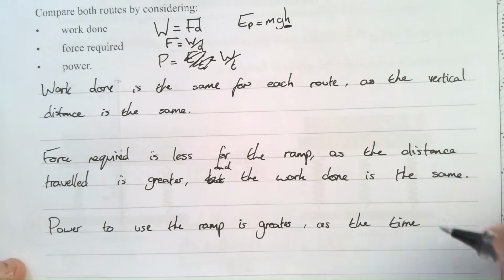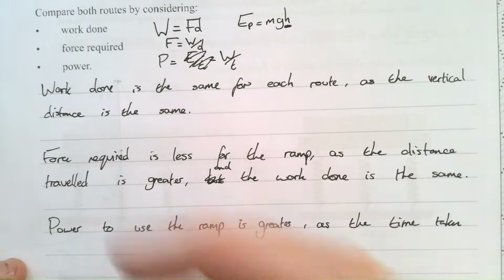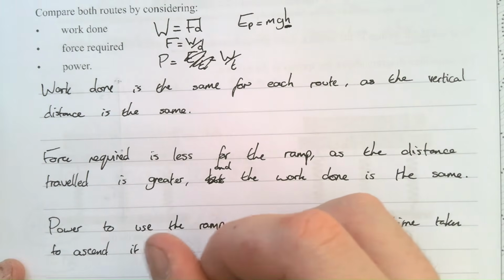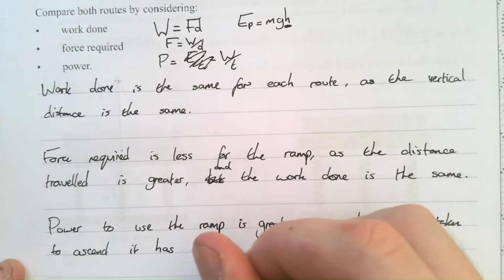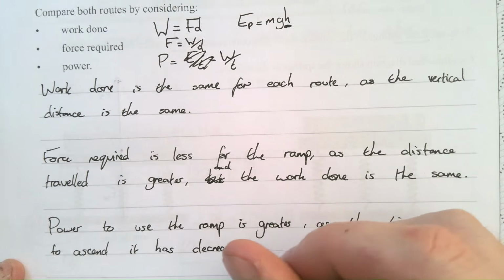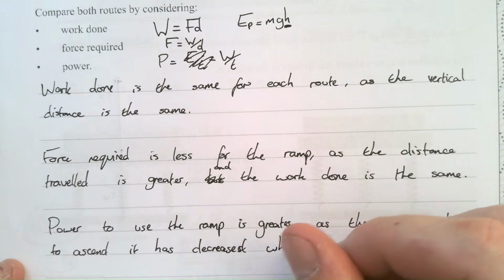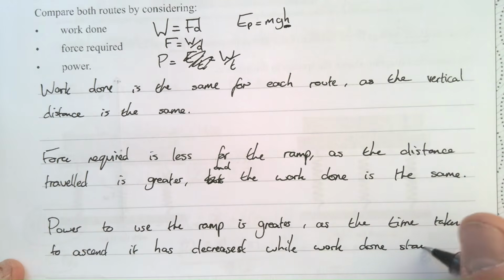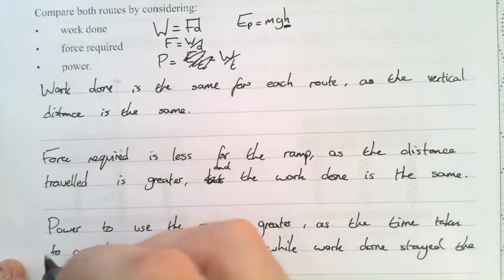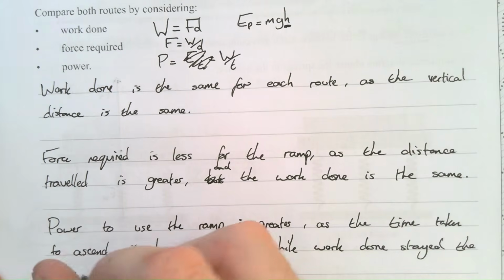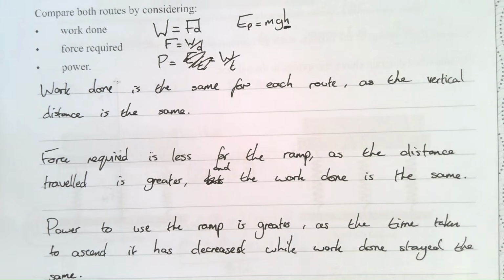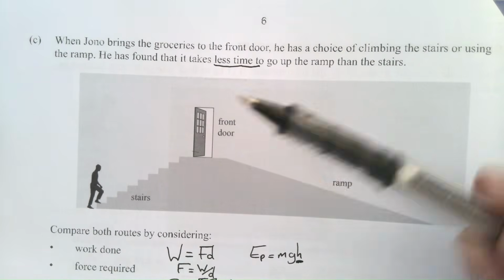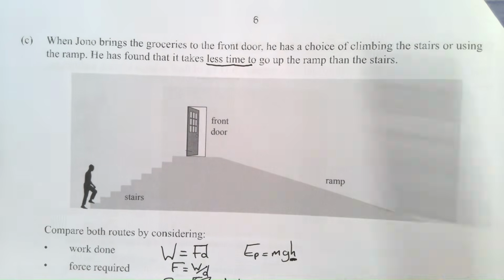Power to use the ramp is greater as the time taken to ascend it has decreased, while work done stayed the same. Again, it was that first point we made. Just to be really clear, it's because the only force we're assuming he's working against is gravity, and gravity is always a vertical force.